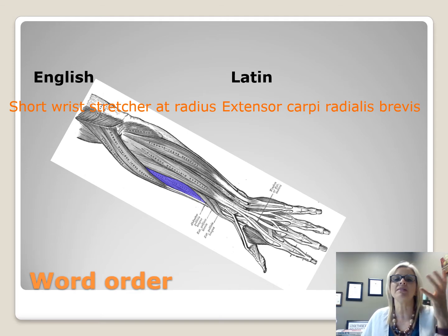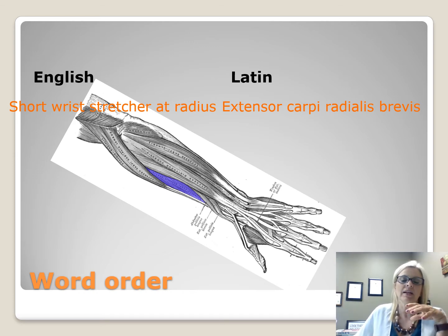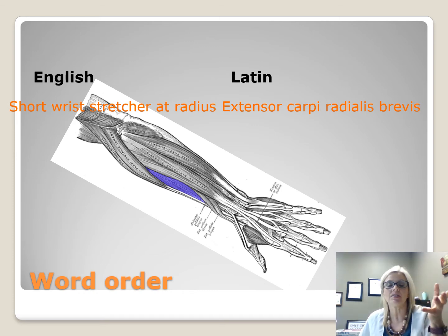Radius, so it means that it is near or at the radius bone of the forearm. And then brevis, we already said, means short. So basically, this is more of a sentence for the name: extensor carpi radialis brevis means short wrist stretcher at the radius. So it tells you what it does and where it's located. Again, it's almost like a little cheat sheet.